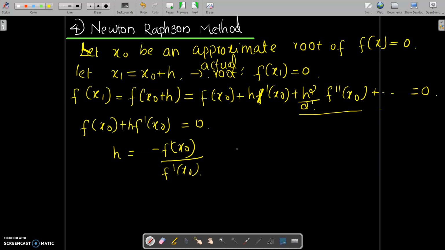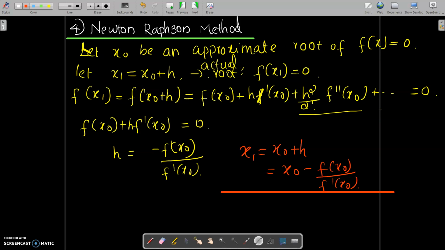So what happened to our x1? x1 = x0 + h, which implies x1 = x0 - f(x0) / f'(x0). So this is the formula in order to find a better approximation for the root.